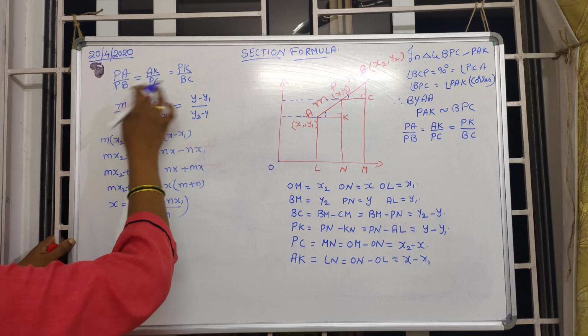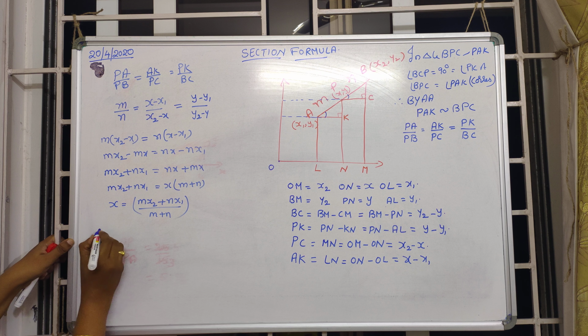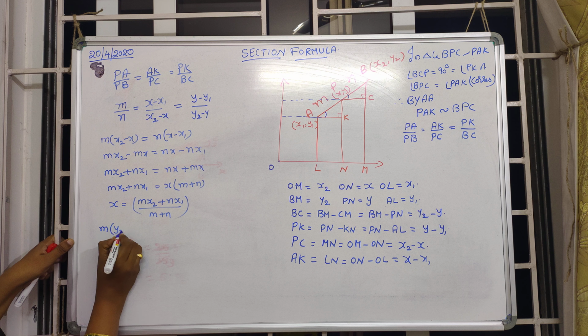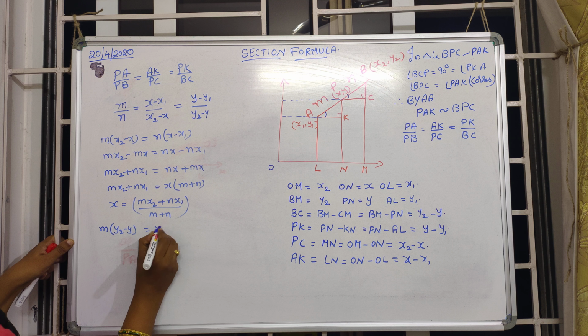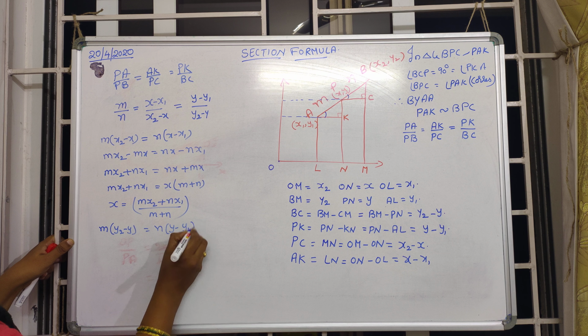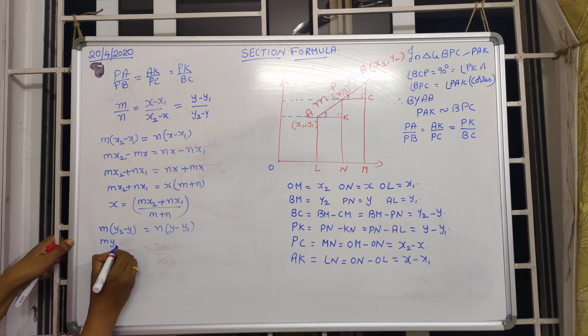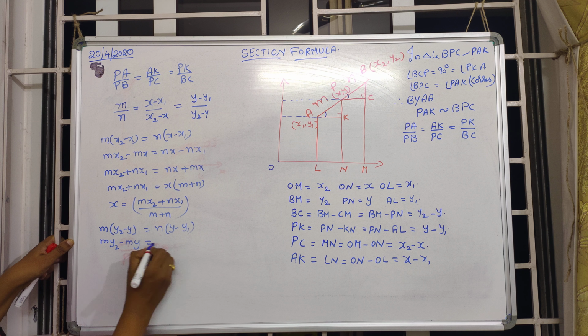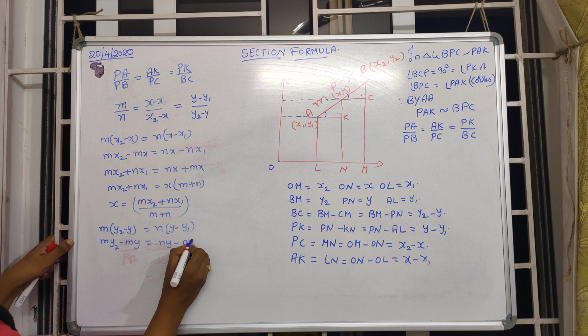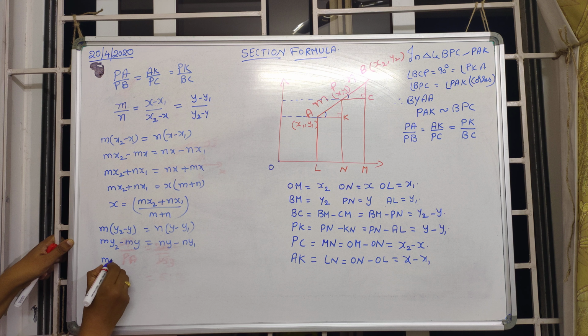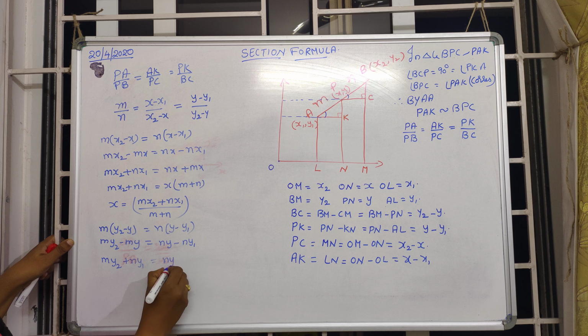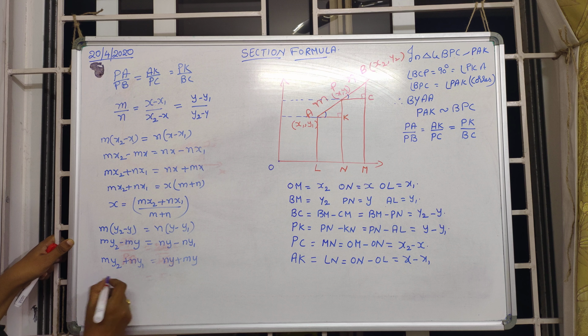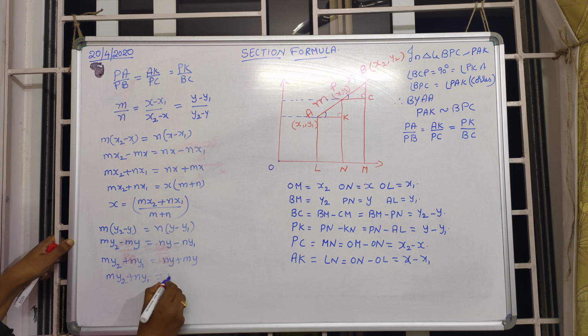Next, if I am taking 1 and 3, from that what do we write? m into y2 minus y equal to n into y minus y1, that is my2 minus my equal to ny minus ny1. Sending all the y's one side, my2 plus ny1 equal to ny plus my. Now my2 plus ny1 equal to y, take out common, m plus n.